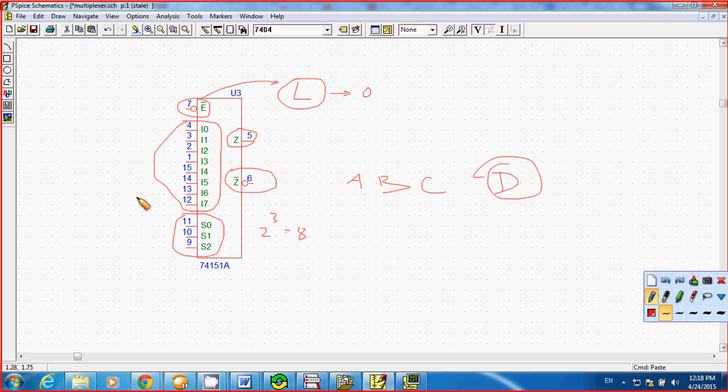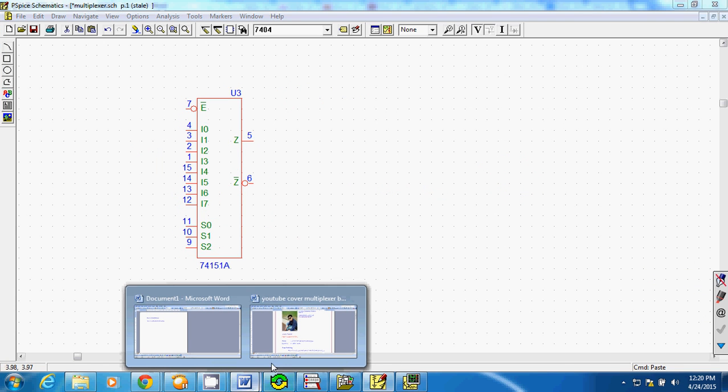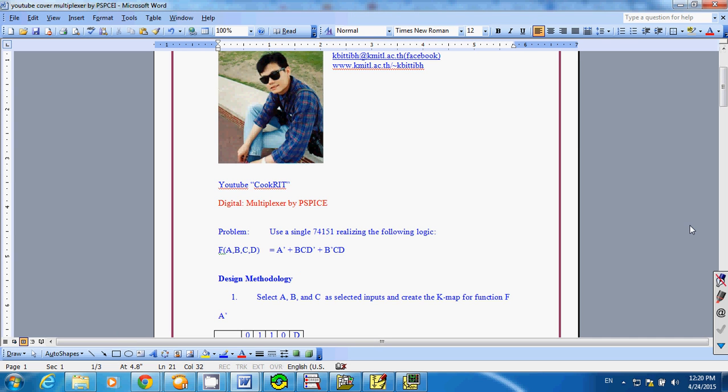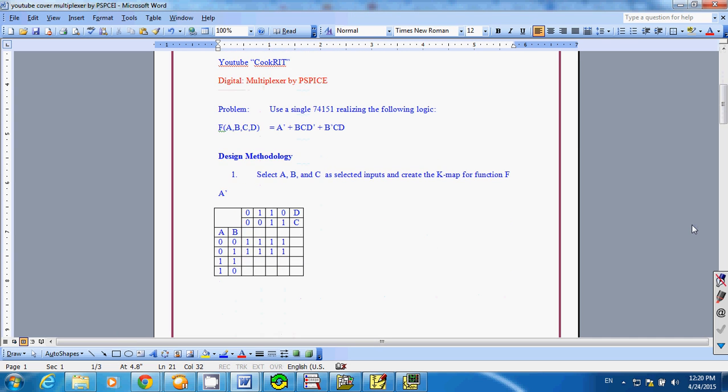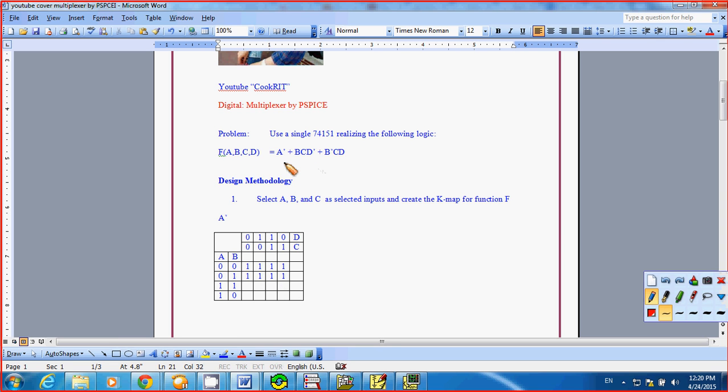Okay, so that's a general idea about the multiplexer, and this is the real one that you want to make the connection to. Okay, so let's get back to our design. So how to get started? Well, first of all, what I have here is 3 terms.